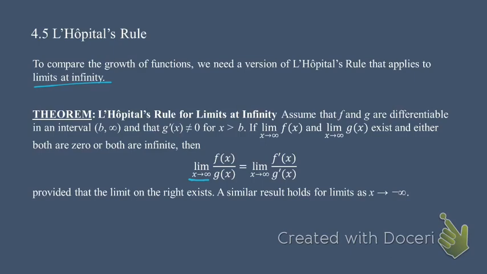As long as I get one of my indeterminate forms, 0 over 0 or infinity over infinity, I can rewrite my limit as the limit of the derivative of the numerator divided by the derivative of the denominator. This will hold for plus or minus infinity, as well as one-sided limits. We can do one-sided limits too.